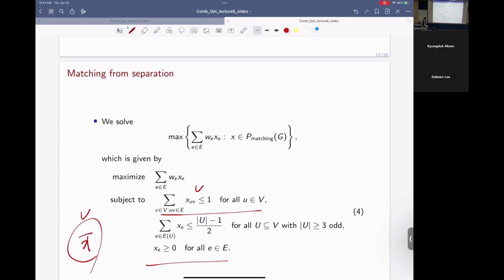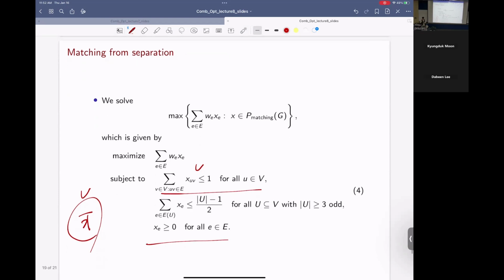I'll get back to this approach of separation in the afternoon for a completely different problem, which is submodular function minimization. Just to give you an advertisement, in the afternoon we're going to deal with a nonlinear function class. So far we were talking about linear functions, like the weight of a matching expressed as a linear function of your decision variables.